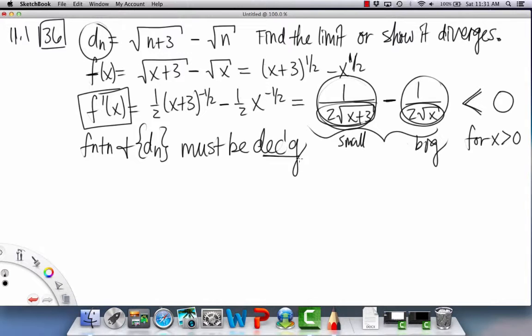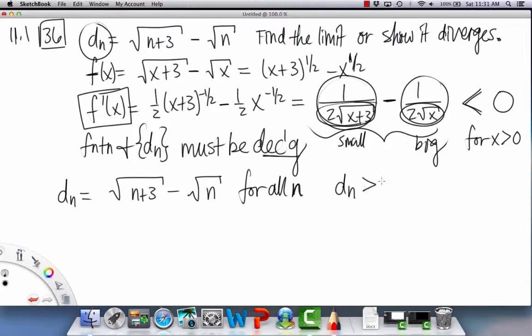Okay, so then now let's look at the sequence itself. So we have d sub n equals square root of n plus 3 minus square root of n. Okay, so for all n, we have that d sub n is greater than 0, right?